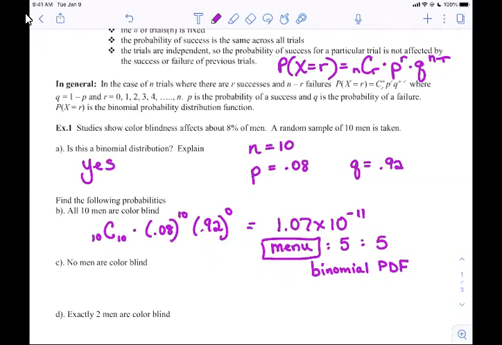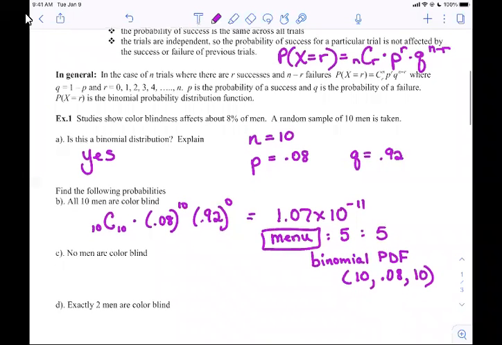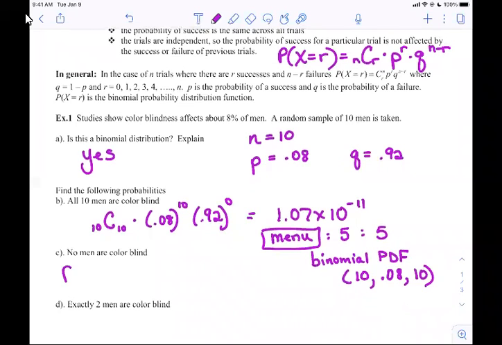And then what you do is you enter N, which is 10. The probability of the success is 0.08. And then you want all 10 to be colorblind. And if you do that, you're going to get the same answer. So if I want that no men are colorblind, this would be the probability of X equals 0.